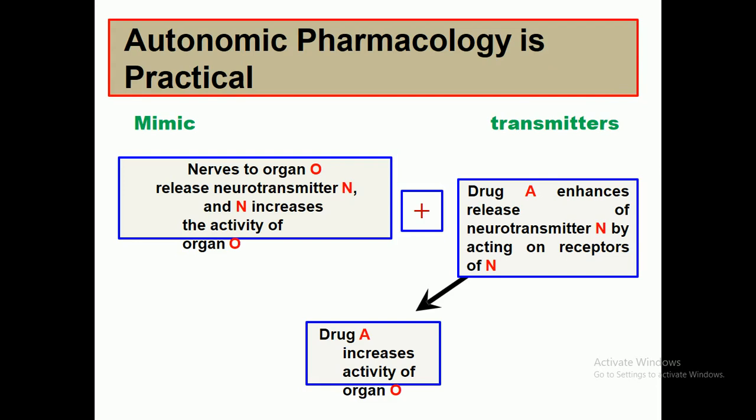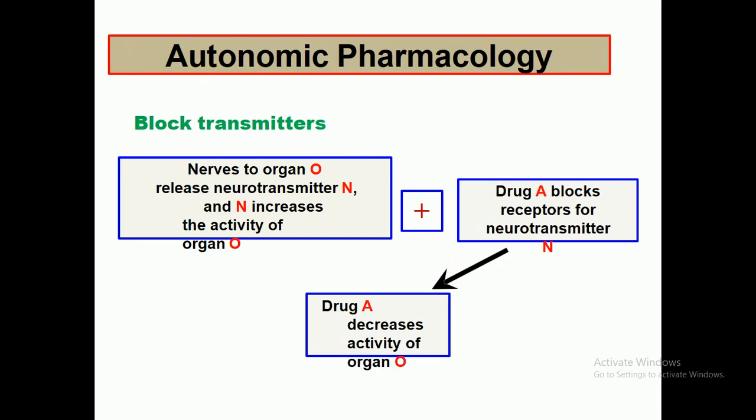For example, look at here, drug A enhances the release of neurotransmitter N, which can be represented by capital letter N, by acting on the receptor of N. Now look at here, drug A can increase the activity of the organ O. So these are the basic terminologies. They must be clear before studying the pharmacology of all the drugs which are related to the autonomic nervous system.